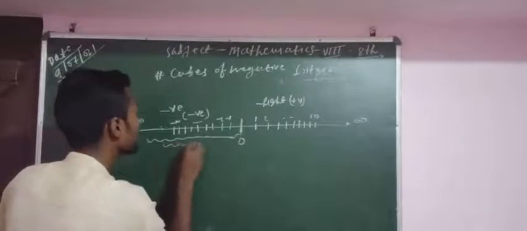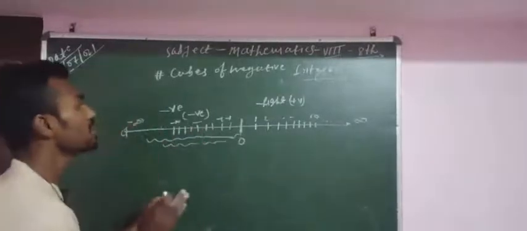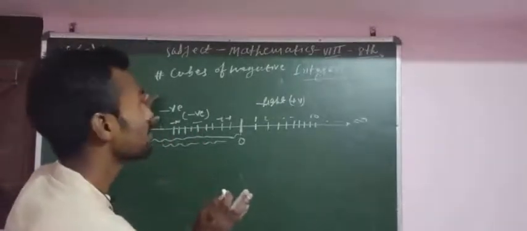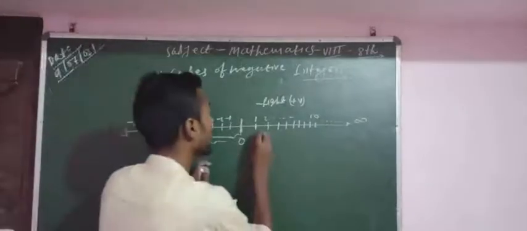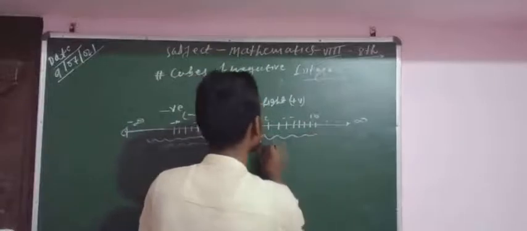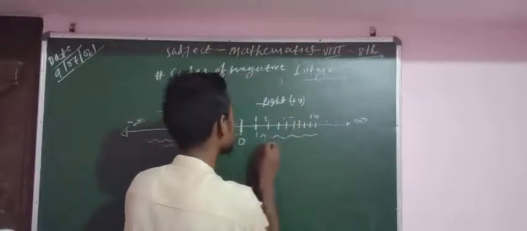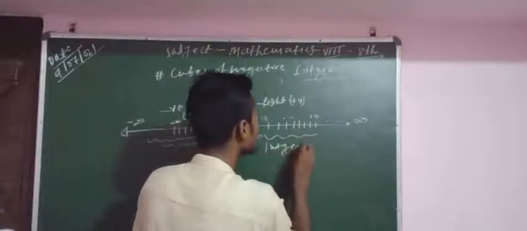All the numbers on this side are examples of negative integers, and these are the examples of positive integers. This is integers, I-N-T-E-G-E-R-S.